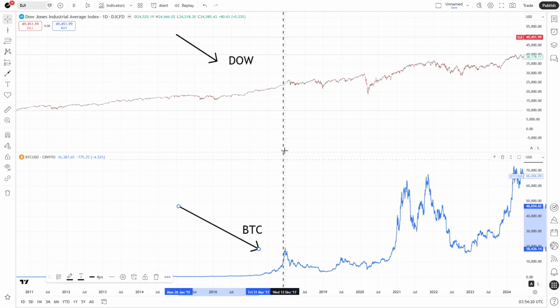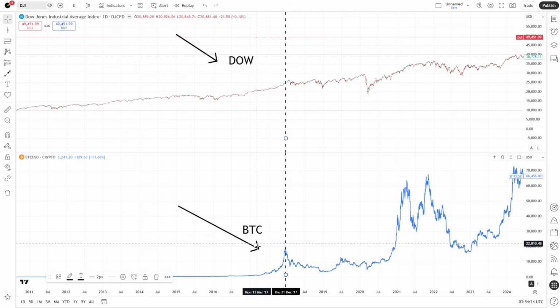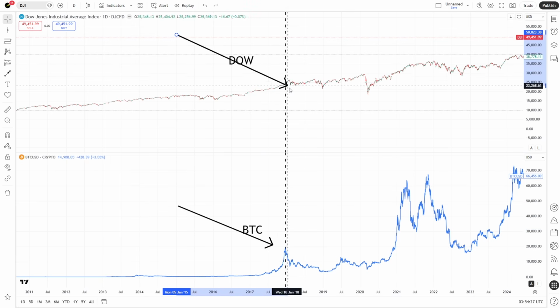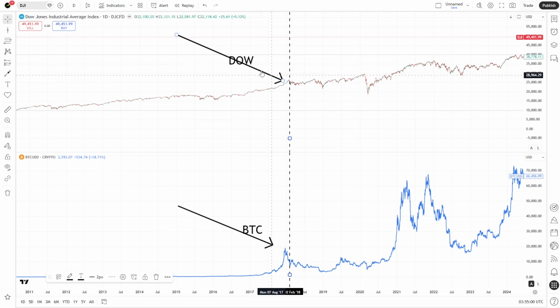If we examine this structure, Bitcoin comes to its bull run peak before the Dow Jones goes into its peak structure right here. By the time Bitcoin declined, the Dow Jones was actually, let's zoom in.